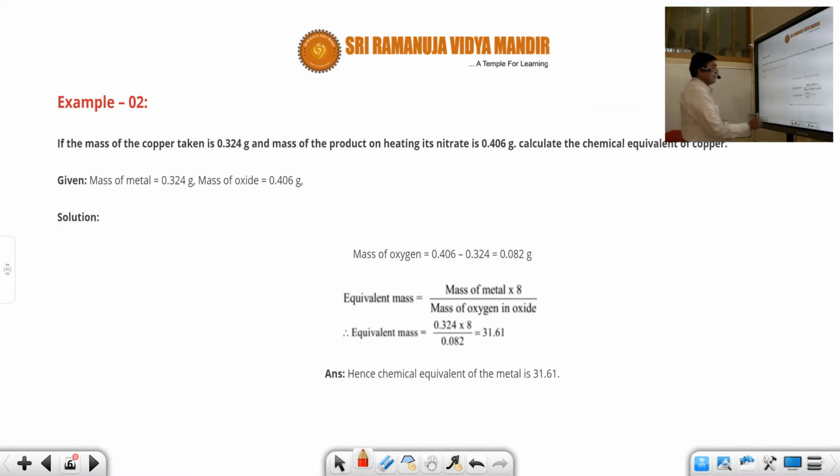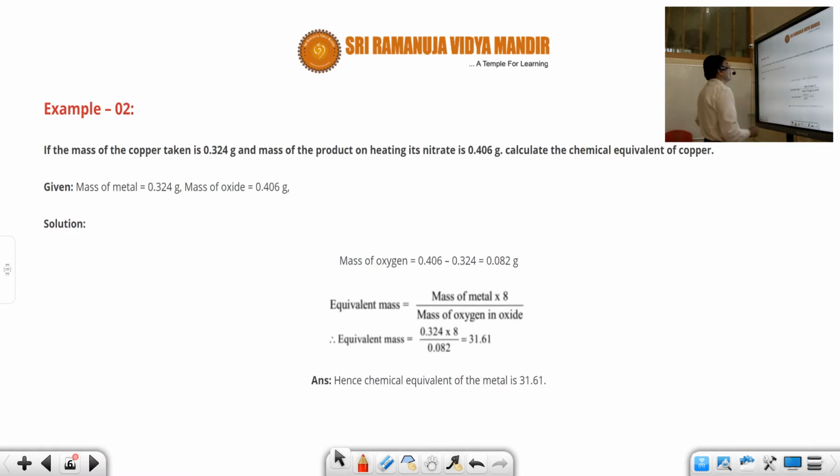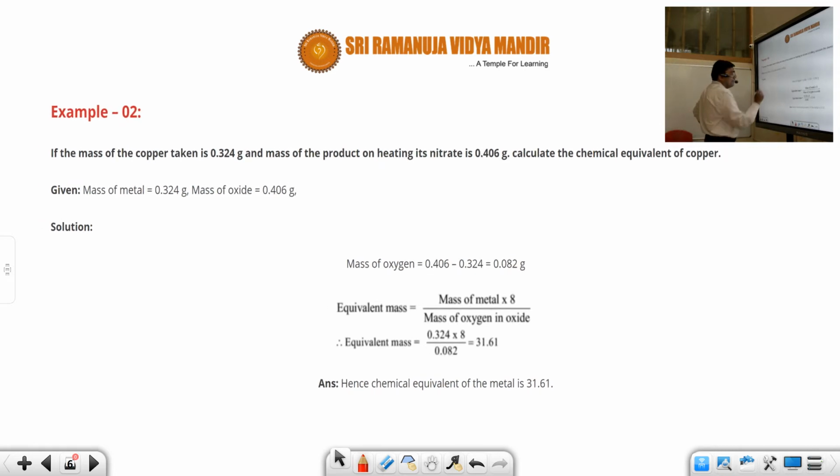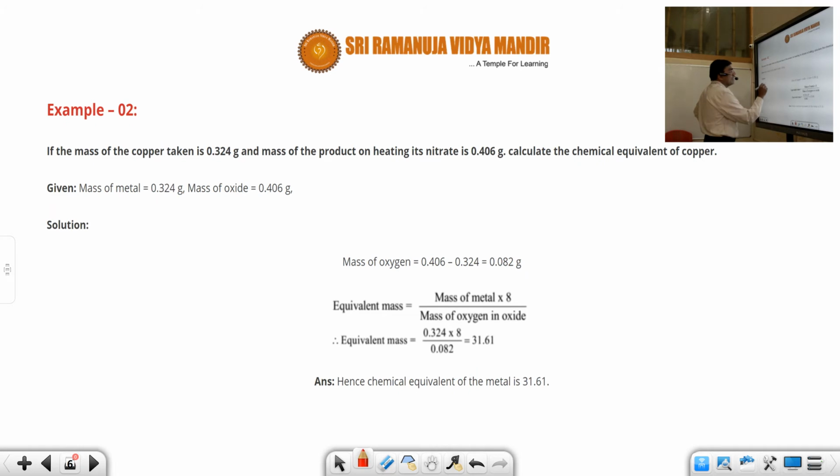So let us solve the second question, students. If the mass of the copper taken is 0.324 grams, and the mass of the product on heating its nitrate is 0.406 grams, calculate the chemical equivalent of the metal.